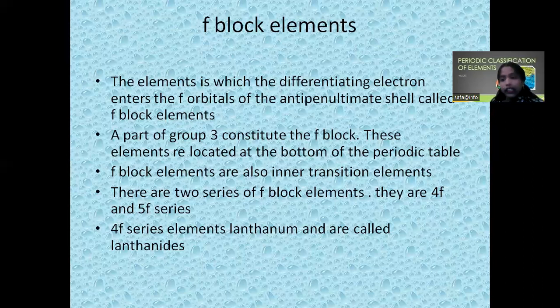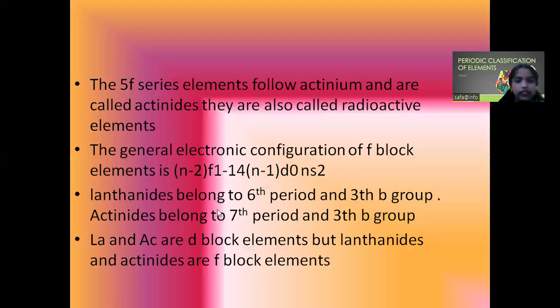There are two series of F block elements, the 4f and 5f series. The 4f series elements follow lanthanum and are called lanthanides. The 5f series elements follow actinium and are called actinides. They are also called radioactive elements.